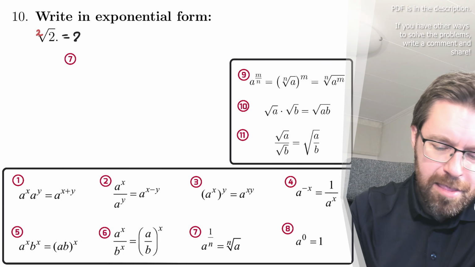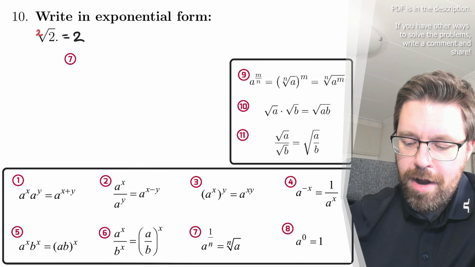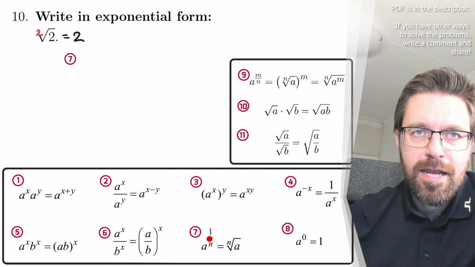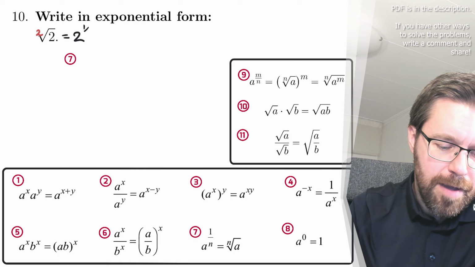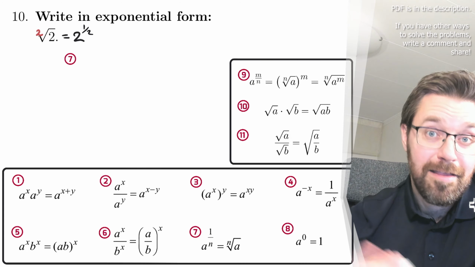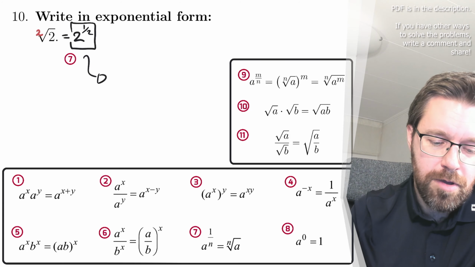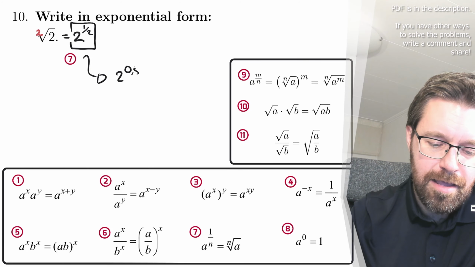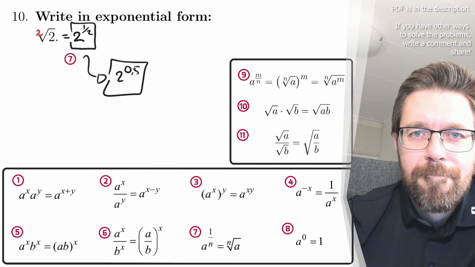I take the base, this is our a in the formula, and then raise it to 1 divided by the number in the root. So 2 raised to the power of 1/2. And this is the answer, 2 raised to the power of 1/2, or if you want to, you can, of course, write it like this, 2 raised to the power of 0.5.